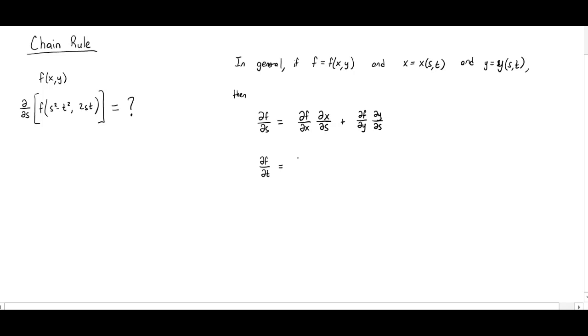And then to get the partial derivative with respect to t, you follow the same format. The only difference is when you get to x and y, you want to differentiate with respect to t. So this is one instance of the chain rule.